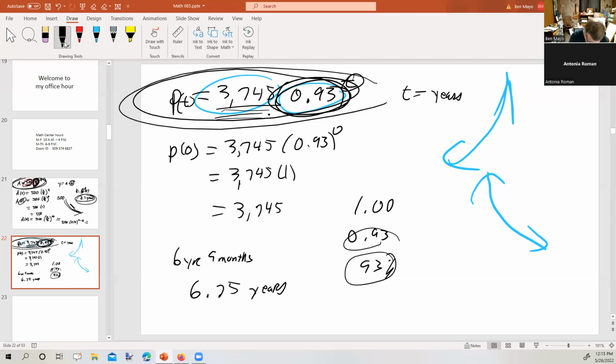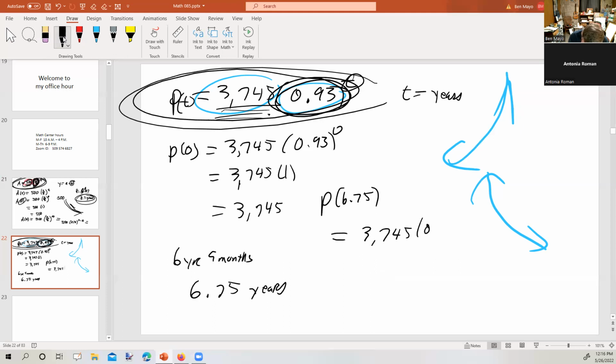Yes. So what we want to find is P of 6.75. So that's going to be 3,745 times 0.93 raised to the 6.75 power.